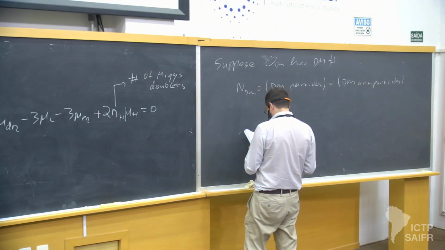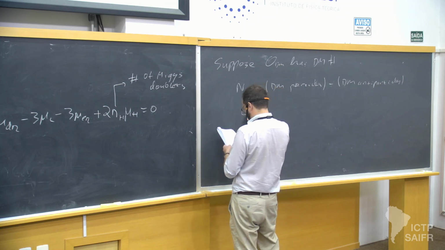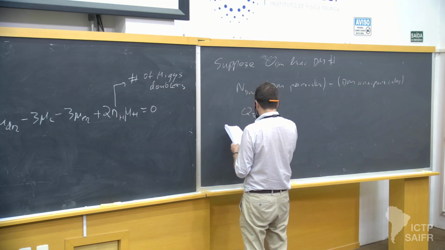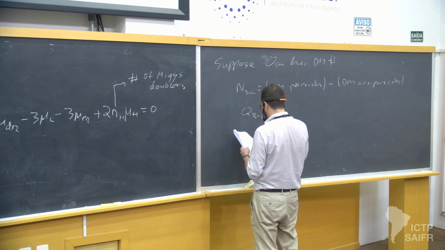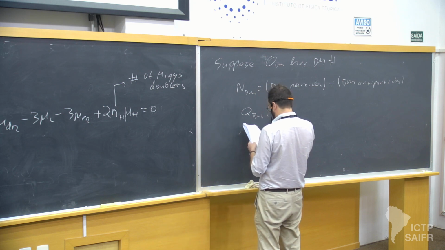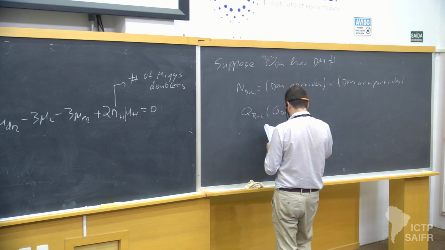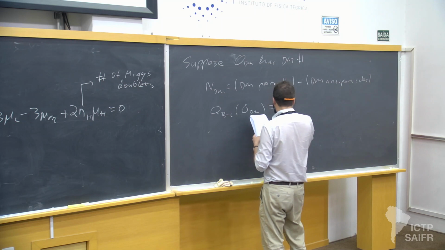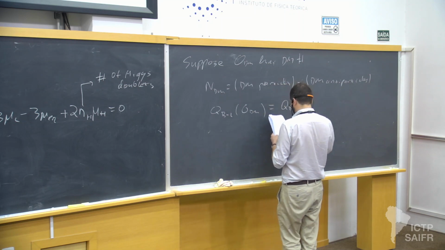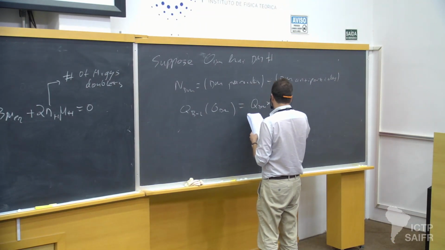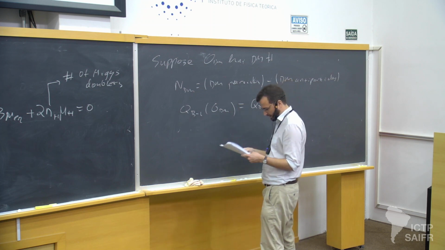And we're going to assume that the generalized B minus L charge of this operator is going to be Q_DM, the B minus L of the dark matter, times N_DM, okay?